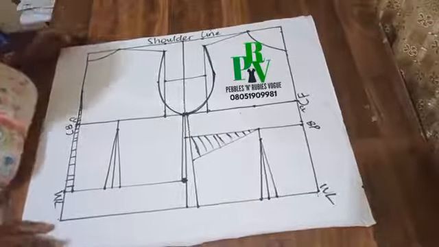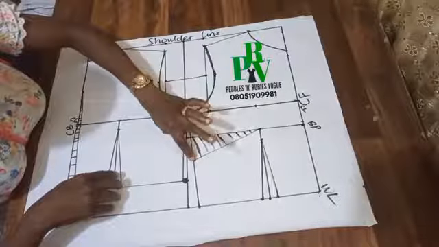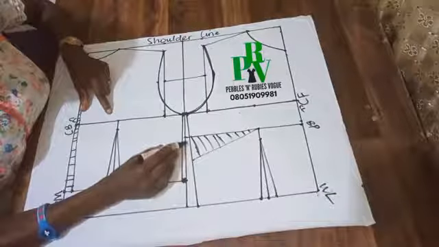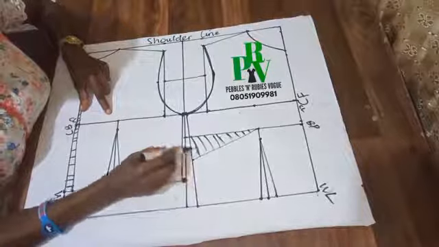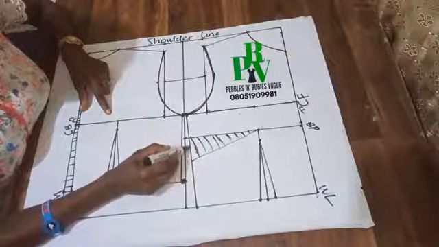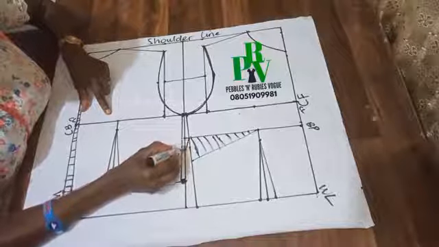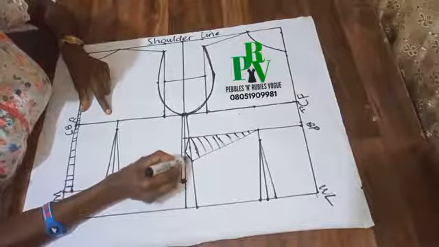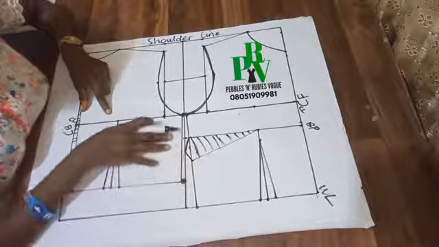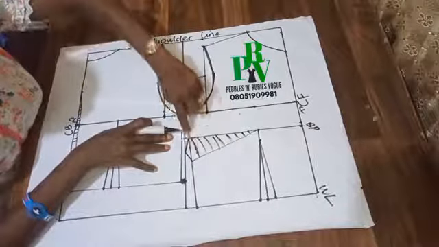So the next thing now is to cut it out. But before cutting it out, I will extend my bust dart out about 0.5 inch, move away by 0.5 inch from the measurement, move out like so, and then mark this V-like shape, because by the time we close the bust dart, this measurement line will not be equal.